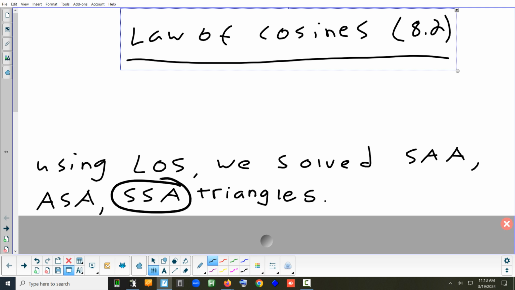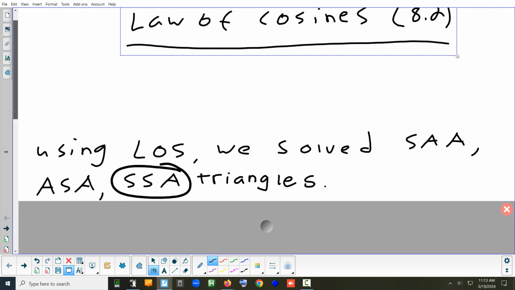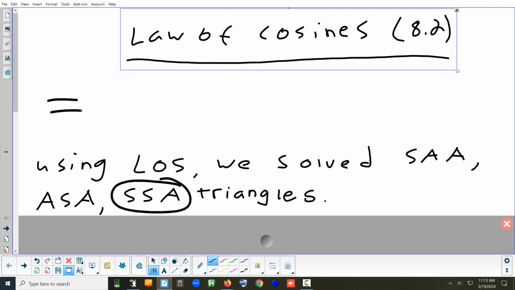What are the two types of triangles that are not up there? Side, side, side, and side, angle, side. In both of those cases, if this was your table, if you knew a side and a side, do you have a full row?